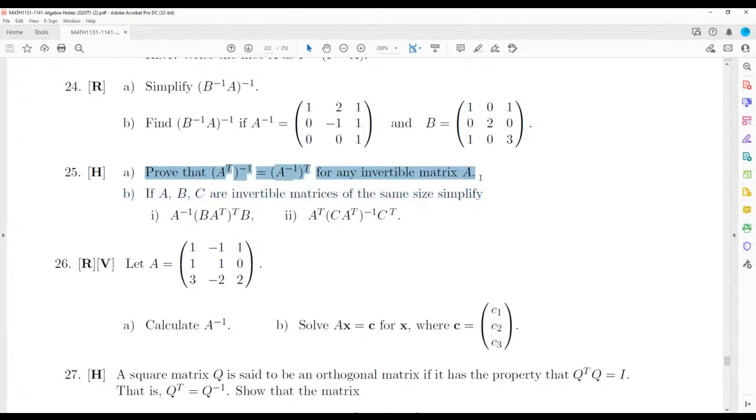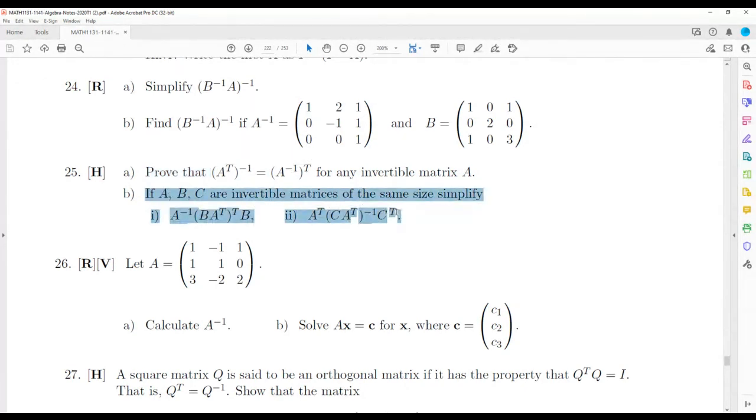Prove this identity for any invertible matrix A. So the transpose of the inverse is the inverse of the transpose. And then they're asking us to simplify some sort of expressions there. Okay. So 25 looks hard because you might be thinking, well, I don't know what the matrix A is, but it doesn't matter for this one. You can just do it without knowing. So let's have a look at how we do it.